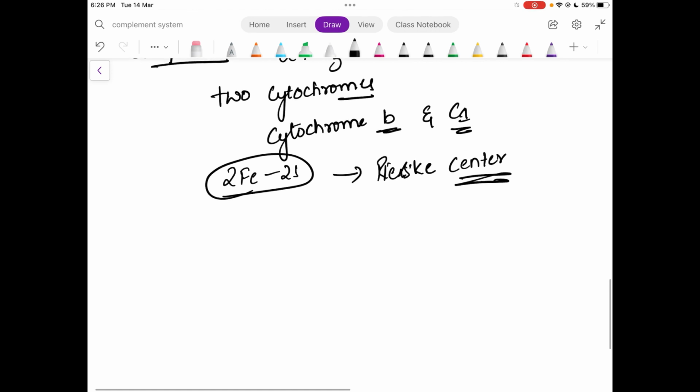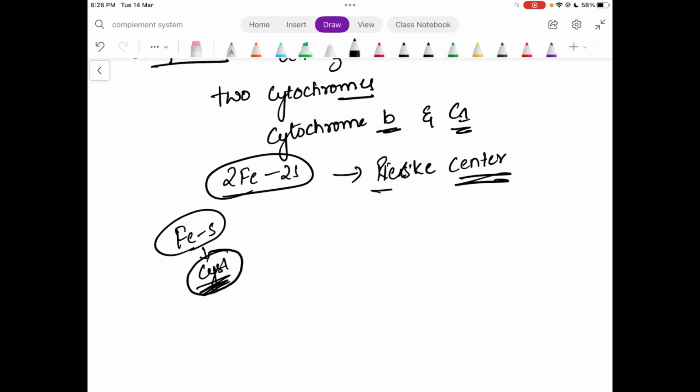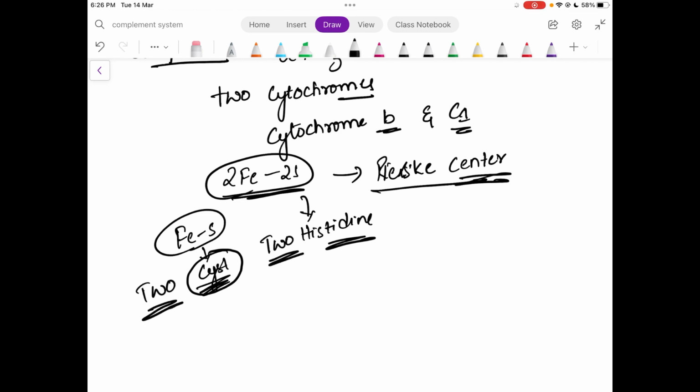In complex 1, I told that the iron sulfur cluster is occupied by cysteine. Instead of two cysteine residues, in complex 3 this Rieske center has two histidine residues. This is the speciality.